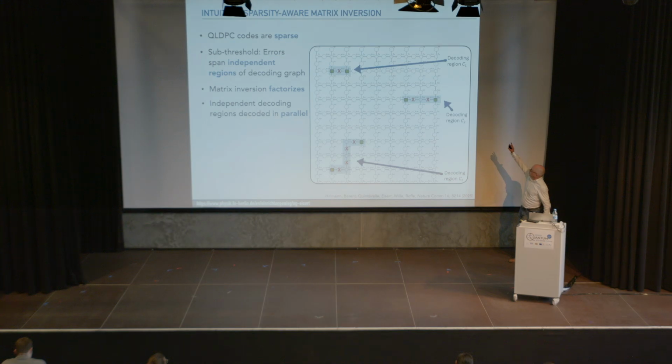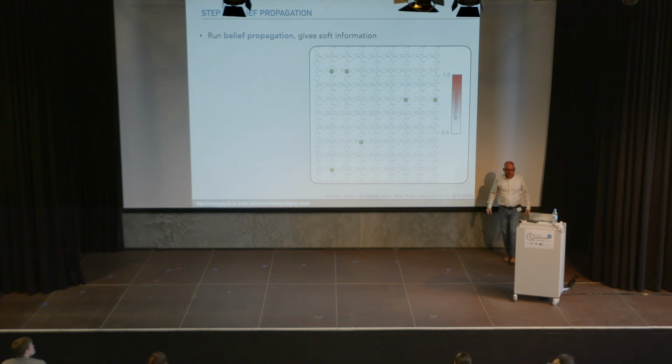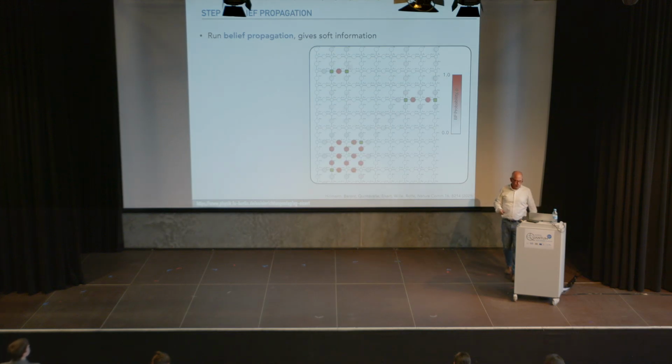So some region here, one there, and then you want to see what happens in these regions. Now, the first step here is to run belief propagation. You get soft information from the belief propagation that gives you an intuition on where you are in the setting and where the errors have occurred.